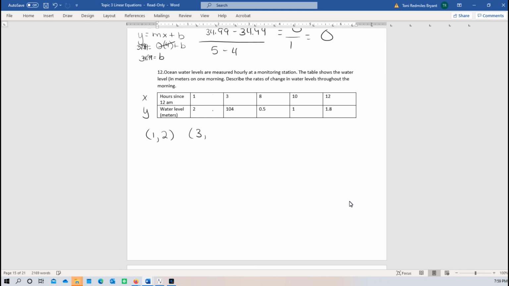Let's try a few. All right, so if I do this one, if I find the slope of this set of numbers, I'm going to get 102 over 2, which is 51. Okay? All right, let's look at another one. Let's look at 8 and 0.5 and 10 and 1.